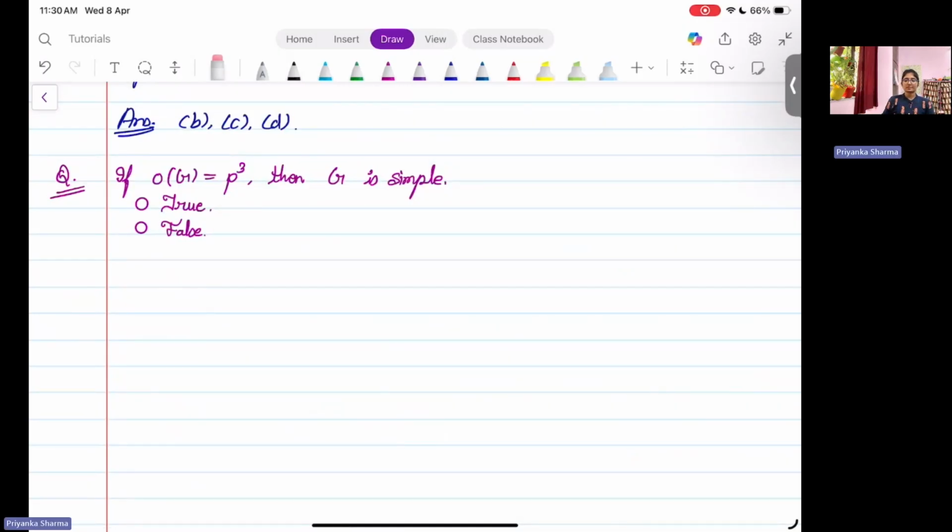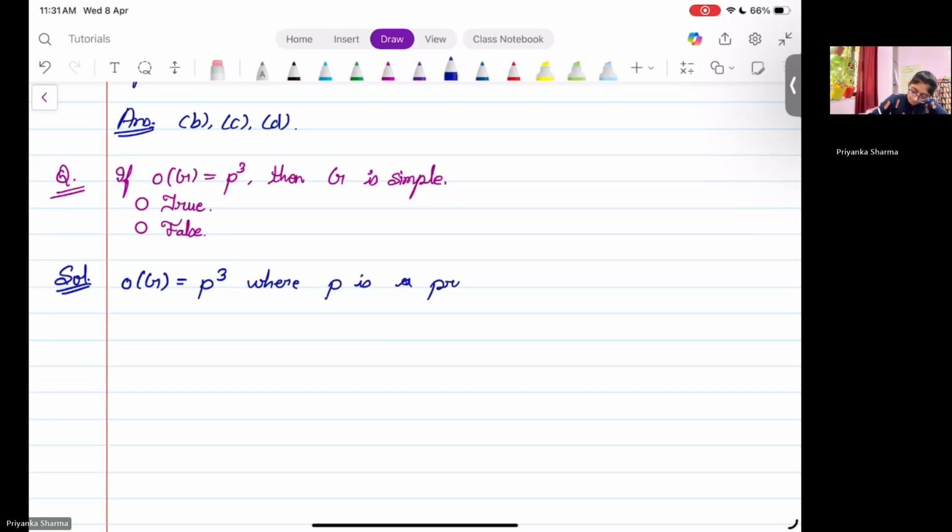Now come to the next question. If the order of G is 3 cubed, then G is simple of... Okay. So here it is given that G is a p-group, and the order of G is p^n, where p is a prime.